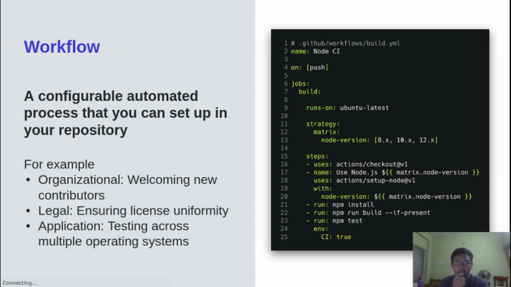For example, if you have an Android application, what you do is you build the JDK, you compile the dependencies, and after that you get the APK.